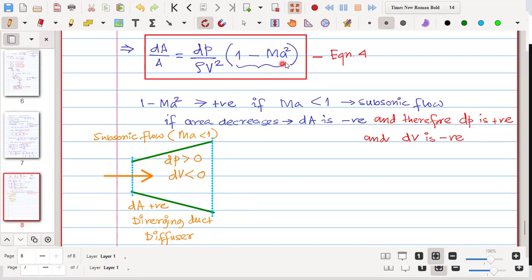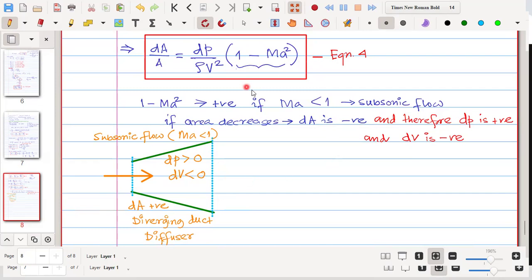Therefore, for a subsonic flow and a diverging duct, what will happen? Velocity will decrease and pressure will increase. Is it clear? Yes, sir. Okay.